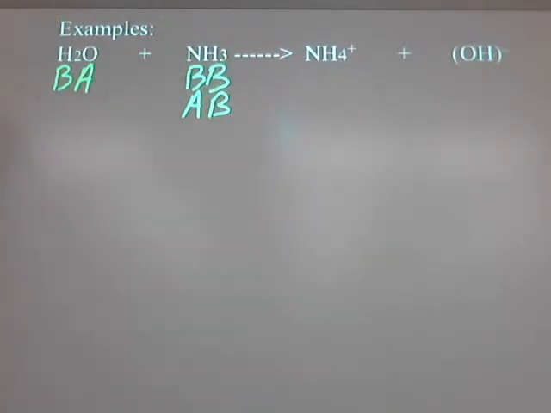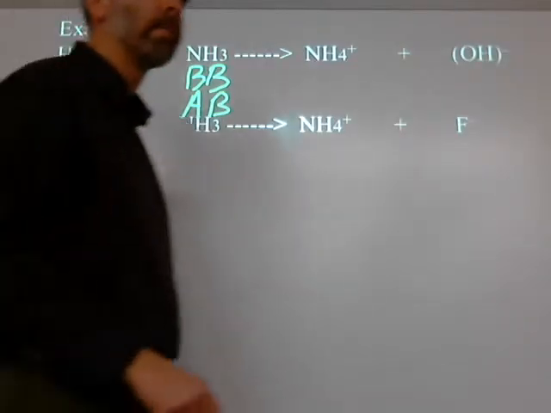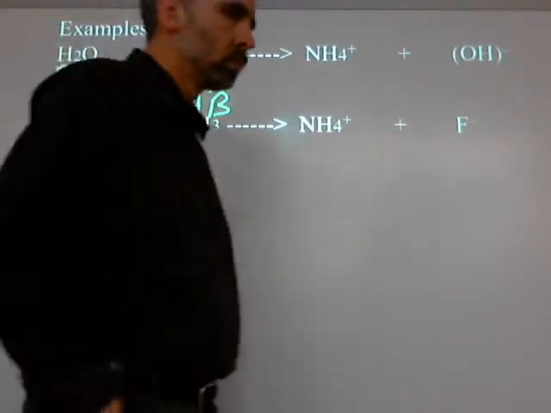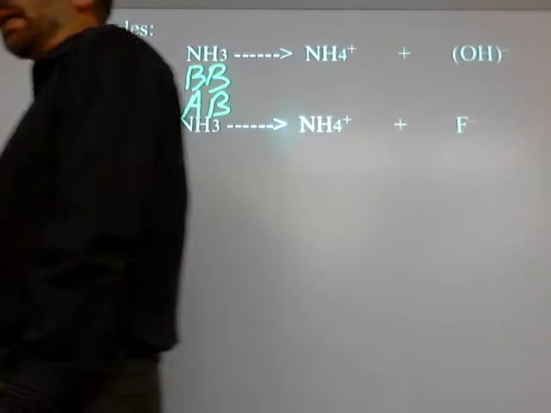Let's look at the next one, we'll do this one together. Then I'm going to have you do some by yourself and see if you get them right. Let's look at this guy. Always do the Bronsted ones first. And Bronsted means who's accepting or who's donating.